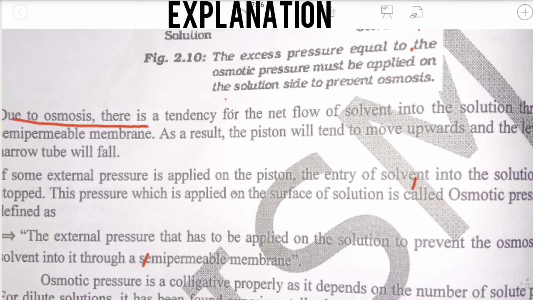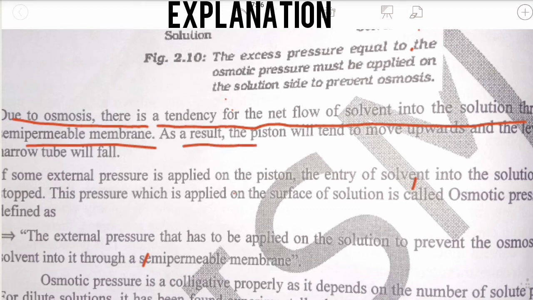Let us understand with the help of notes. Due to osmosis, there is a tendency for the net flow of solvent into the solution through a semi-permeable membrane. As I told you, osmosis takes place when semi-permeable membrane, solvent and solution are present. As a result, the piston will tend to move upwards and the level of the narrow tube will fall, meaning it will come down.